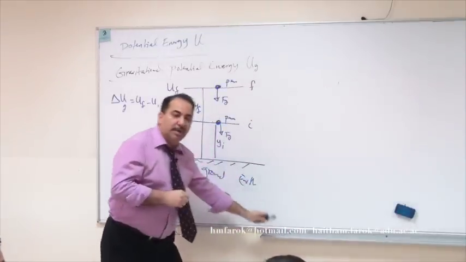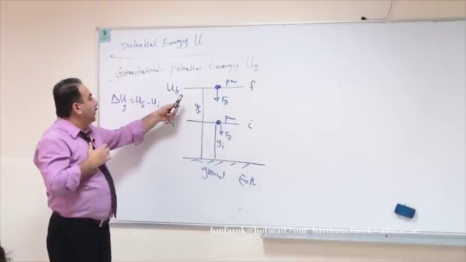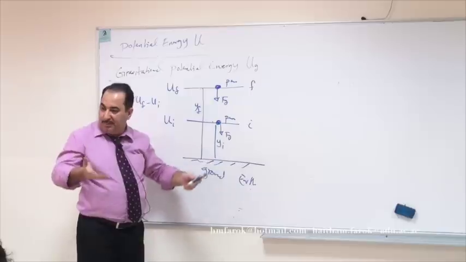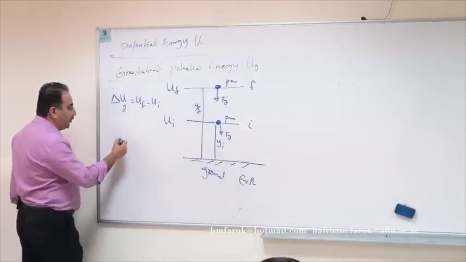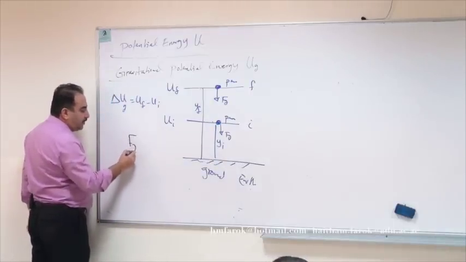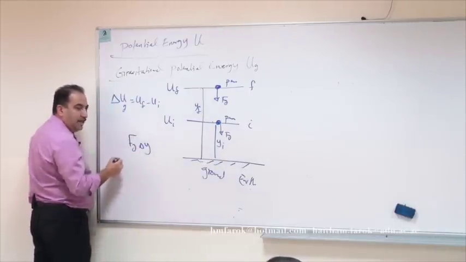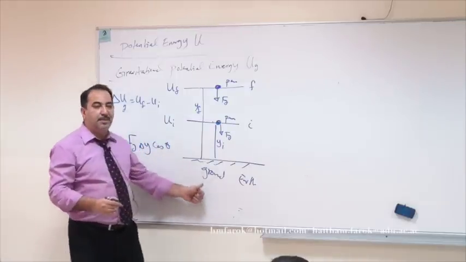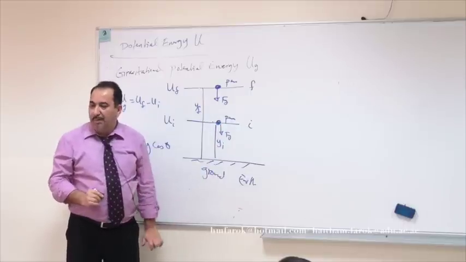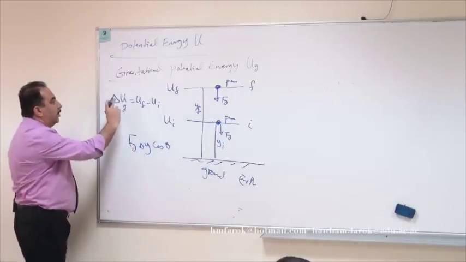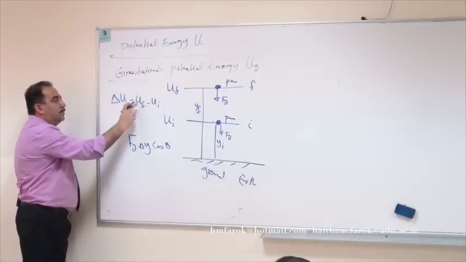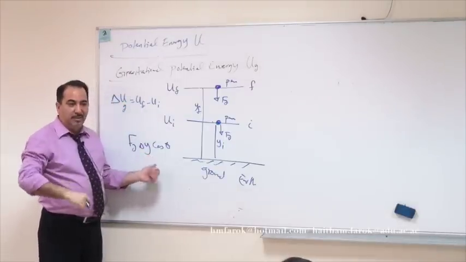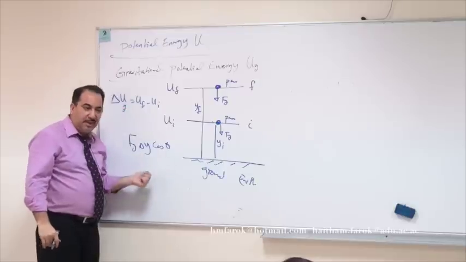So now you can see that the gravitational potential energy has to do with the gravity work as well. And how you find the gravity work is Fg delta y, yes? And cosine the angle. But here, remember the angle. Sometimes you go up, sometimes you come down. But all I know is that when U increases, the gravity work is negative. When U decreases, gravity work is positive.